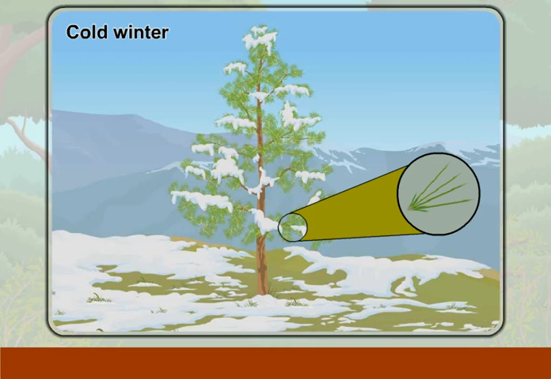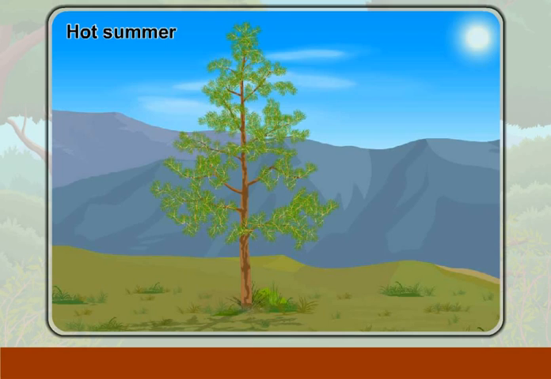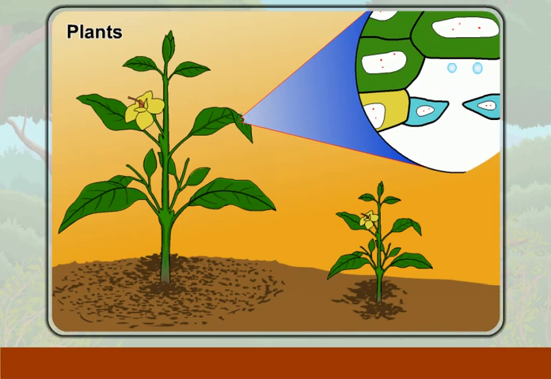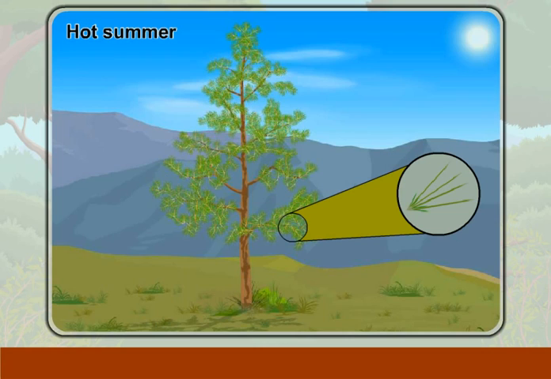This saves water in the body of the pine tree. In summer, the sun is very hot. The heat of the sun causes more water to evaporate from the flat leaves of other plants. But the pine tree leaves are needle-like.